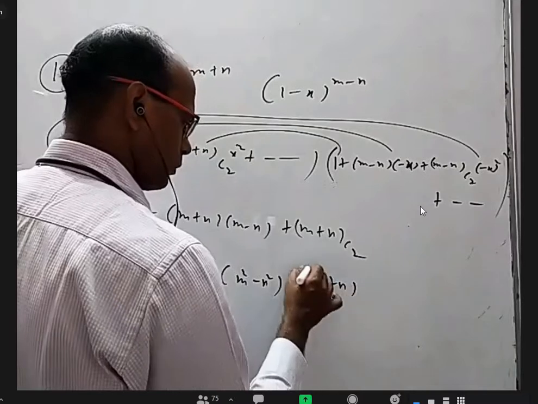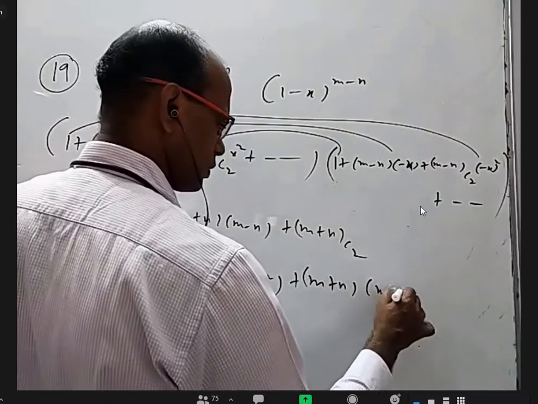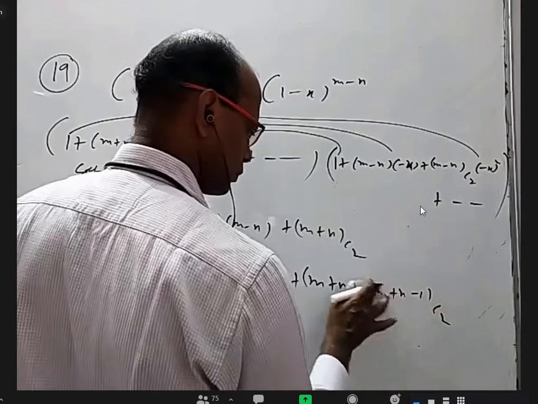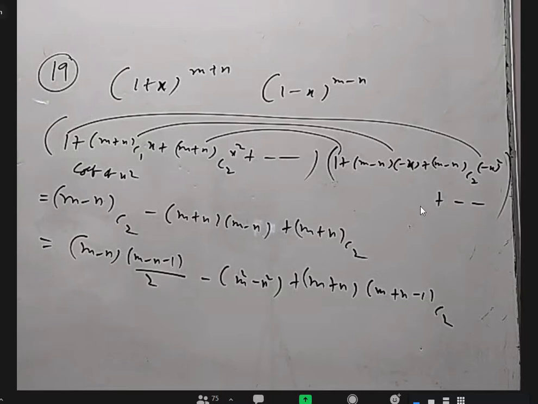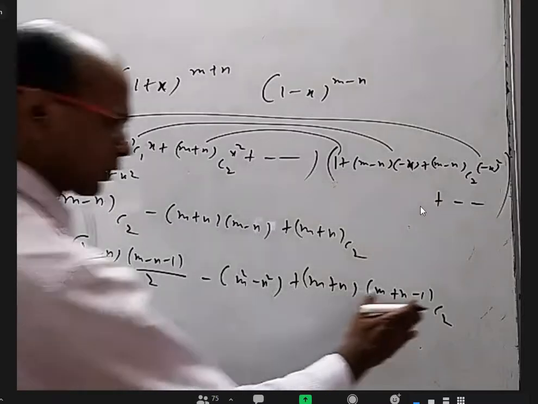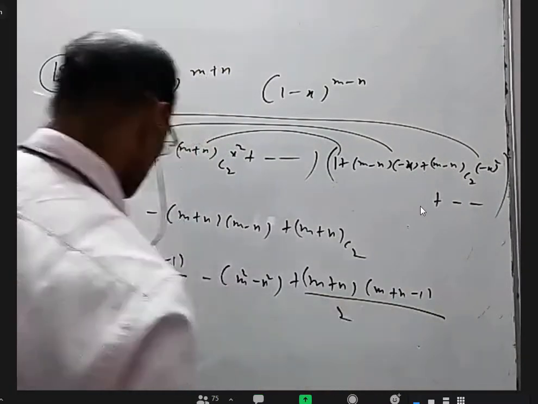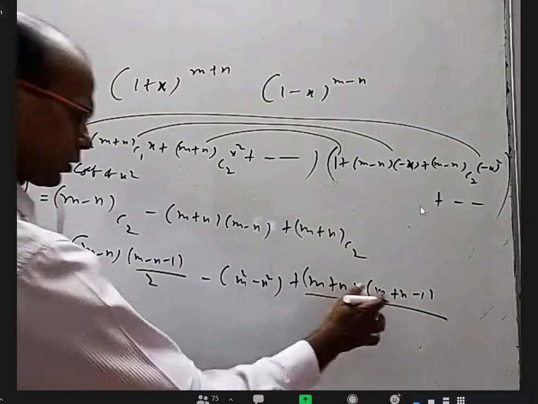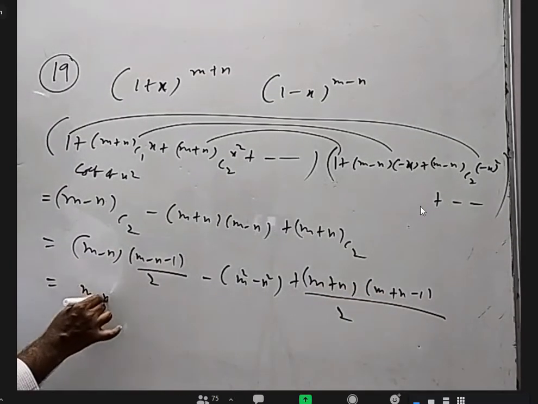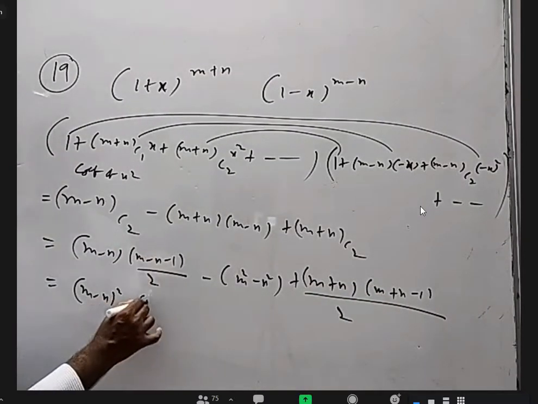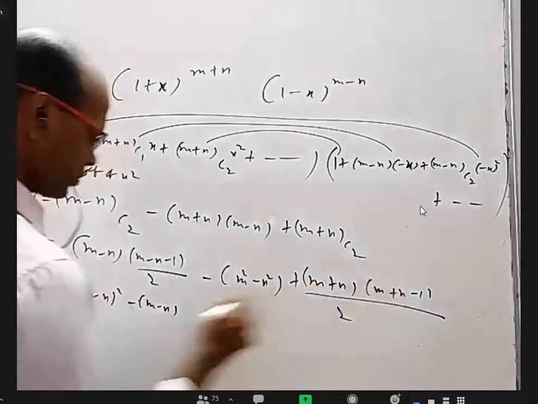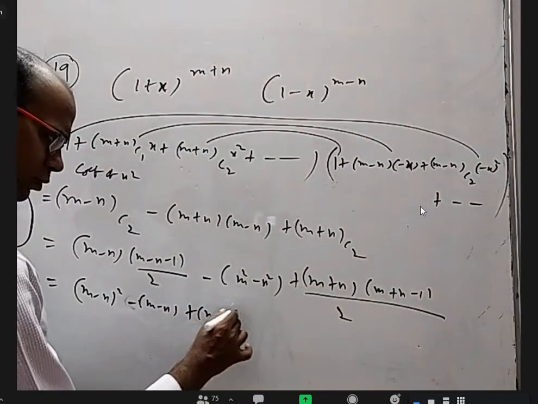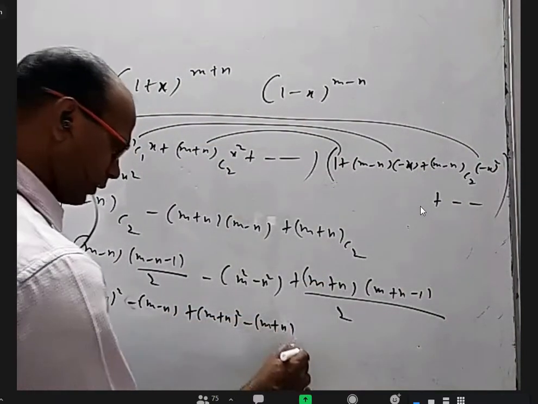This is m plus n into m plus n minus 1 by 2. So this into this is m minus n whole square minus m minus n. Coming to this into this, you will get m plus n whole square minus m plus n by 2.